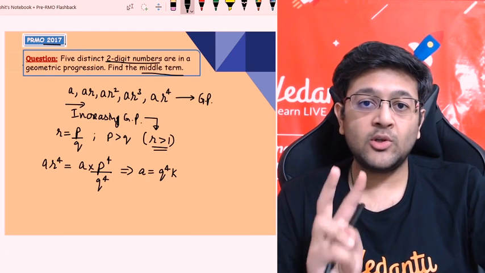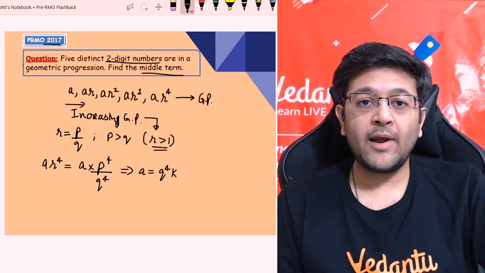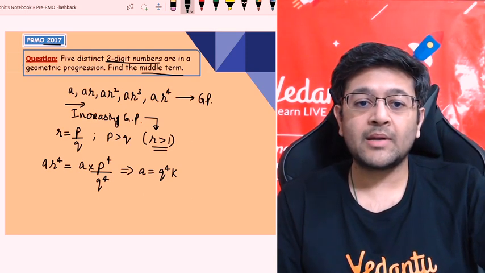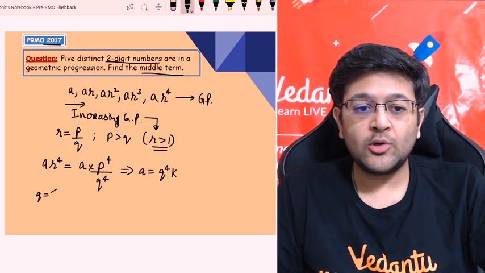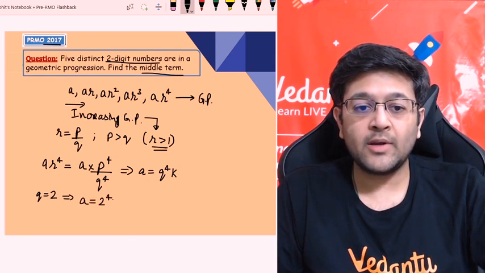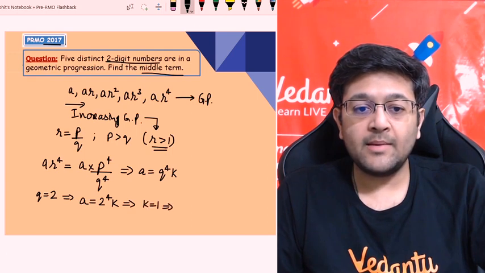And still the last term or the A term should also be a two-digit number. So we have to find the smallest two-digit number, right? So if we set Q equal to 2, then the value of A will be minimum of 2 power 4 into K, and putting K equal to 1 will get the minimum value of A as 16.